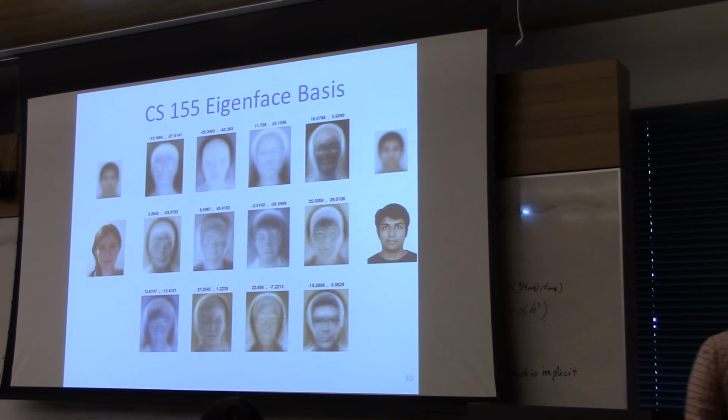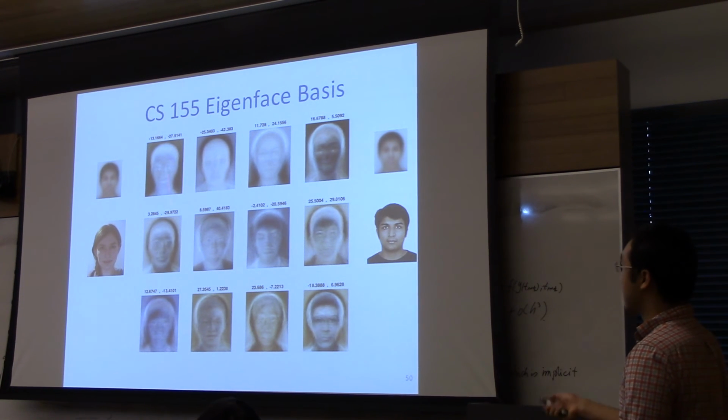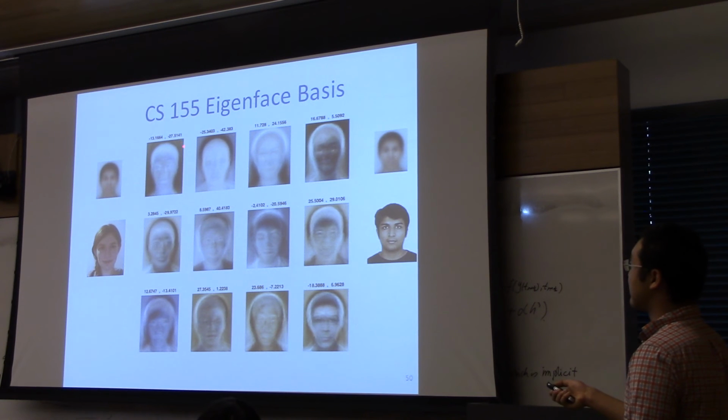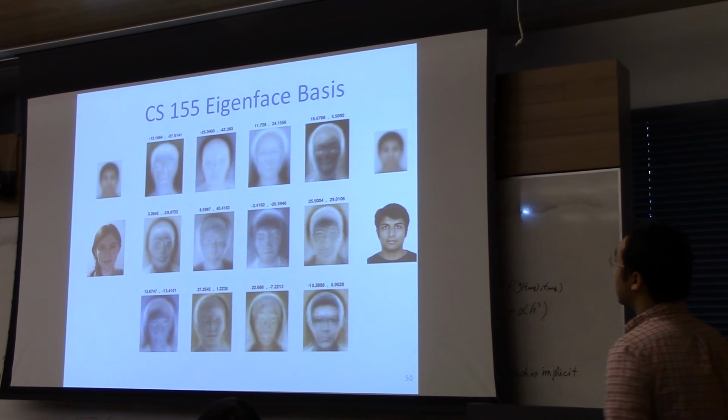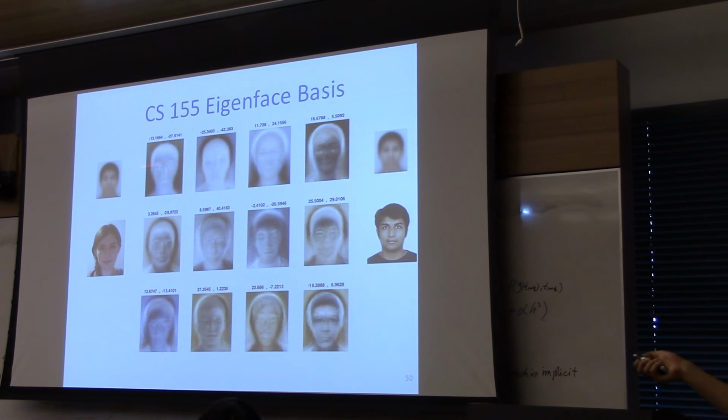And just to compare this to the eigenface basis from the previous lecture, where you have a mean face, and now this is in false color where black is negative and white is positive. The coefficients can be positive or negative, and this is adding and subtracting from the mean face. So a couple of things should stand out to you.